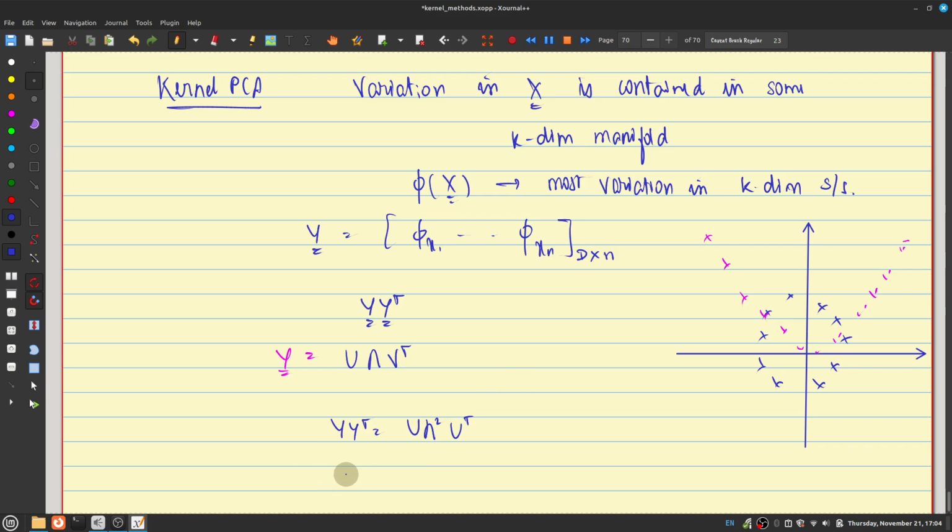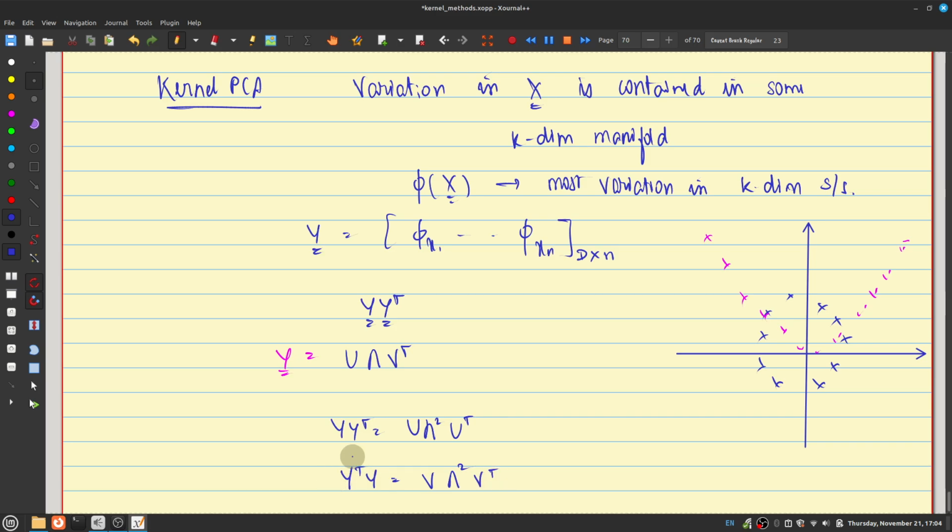But on the other hand, what is Y transpose Y equal to? It is certainly V lambda square V transpose, that is for sure.